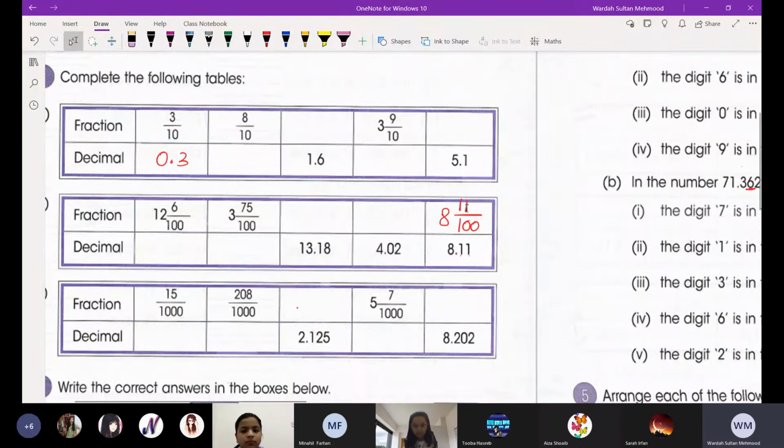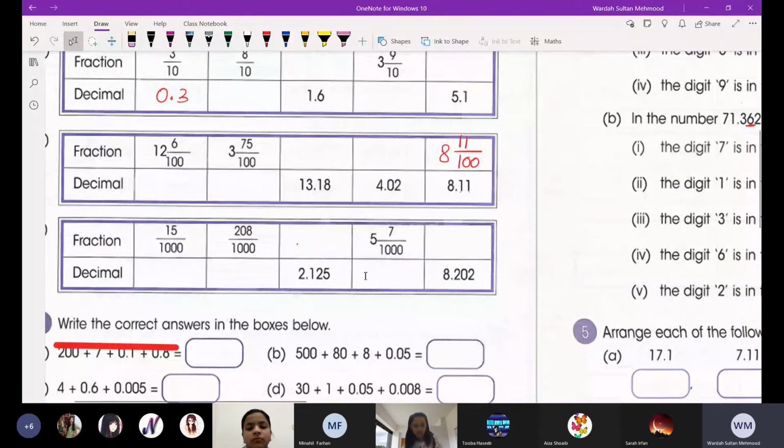So you would write 11 by what? You have to see here. There are 2 decimal places, so that means it's hundredths. That means the fraction should have 100 in it. Or you can just check the last place. 11 is in the hundredths place, so you would write 100 here.